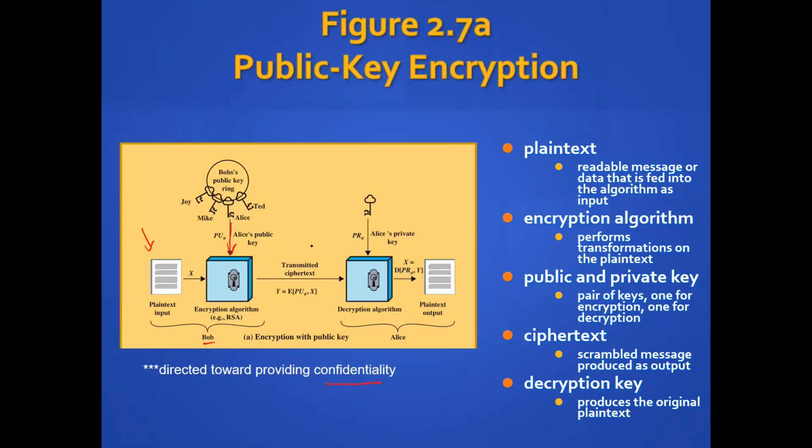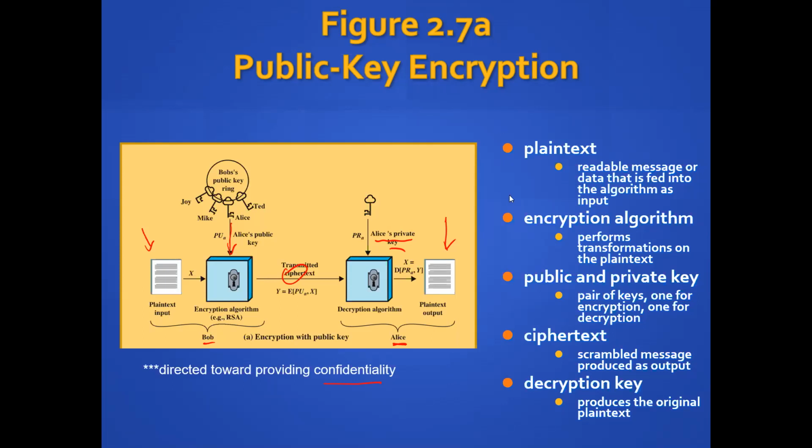Then Bob sends the cipher, right, sends the cipher via the insecure channel. Alice, on the other end, is going to receive the message. She's going to use her private key and obtain the plain text message. Okay, so that's something that you need to understand really well.